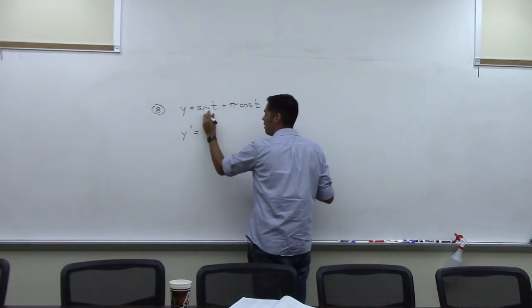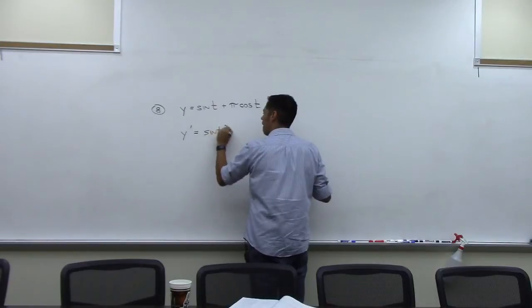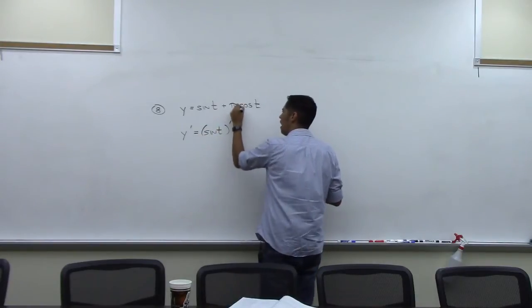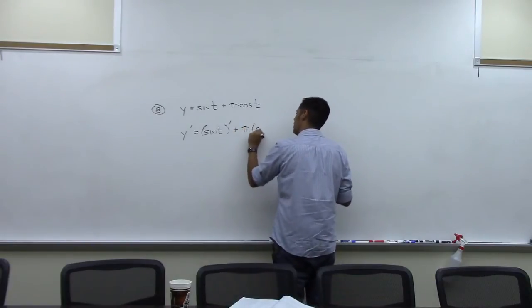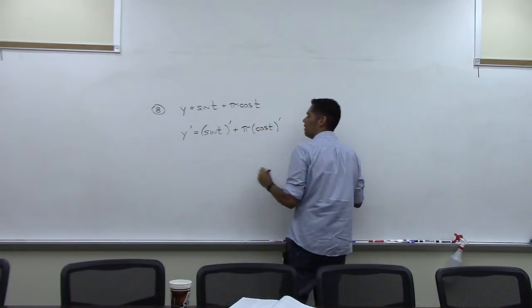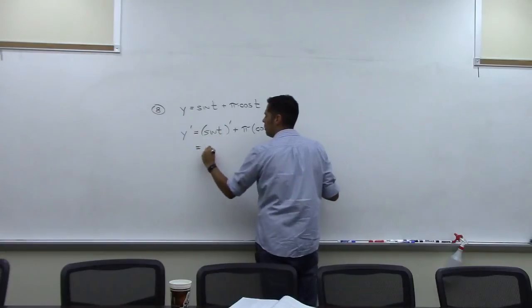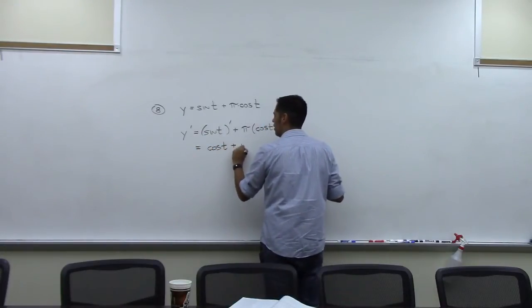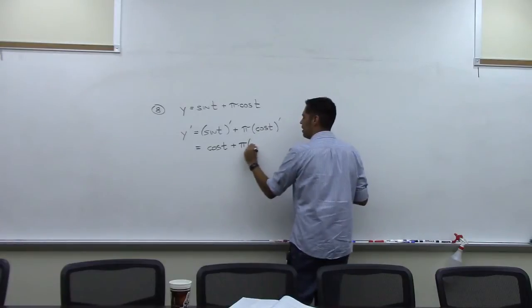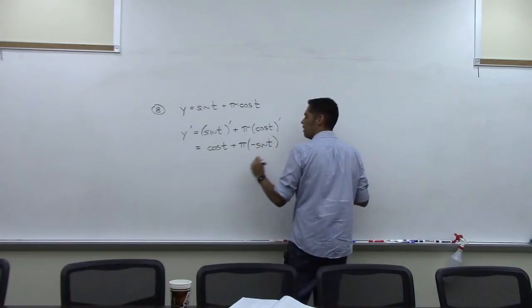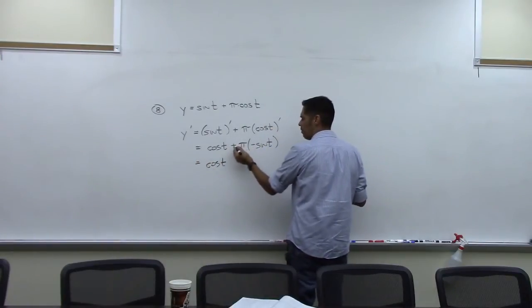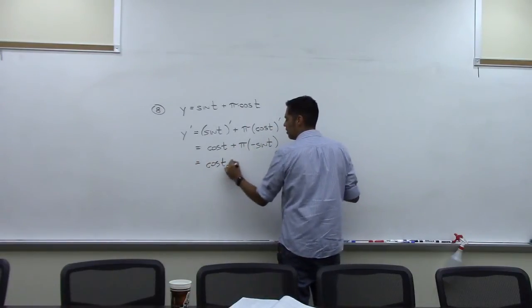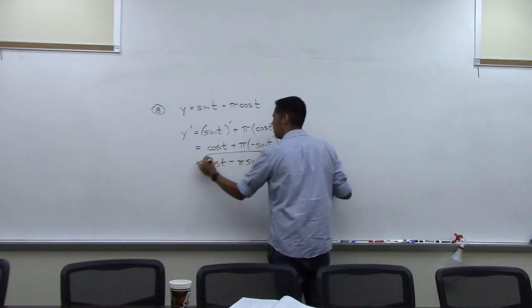The derivative of sine of t, whatever that is, plus pi times a function of t, so pi comes along, and then I need to take the derivative of cosine t. The derivative of sine of t is cosine t plus pi, and then the derivative of cosine t is negative sine t, and that means cosine t, and then we're adding, but this is going to multiply to be a negative, so it's going to turn to subtraction, minus pi sine t. Done.